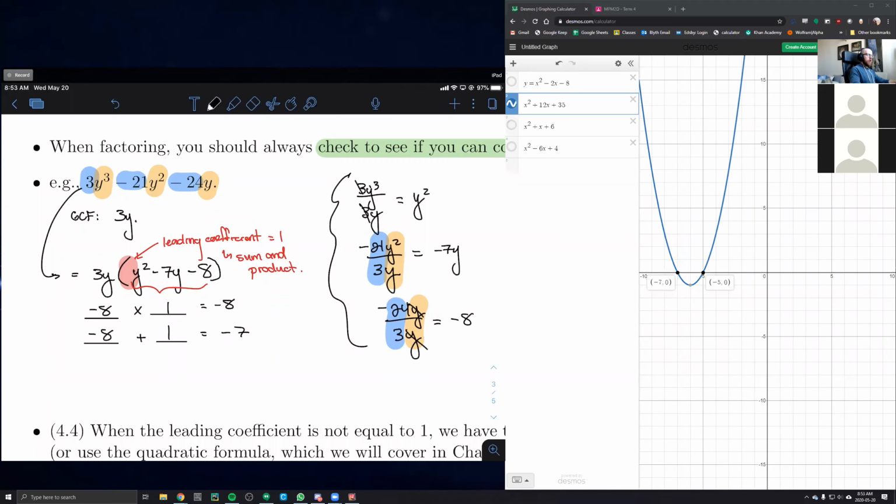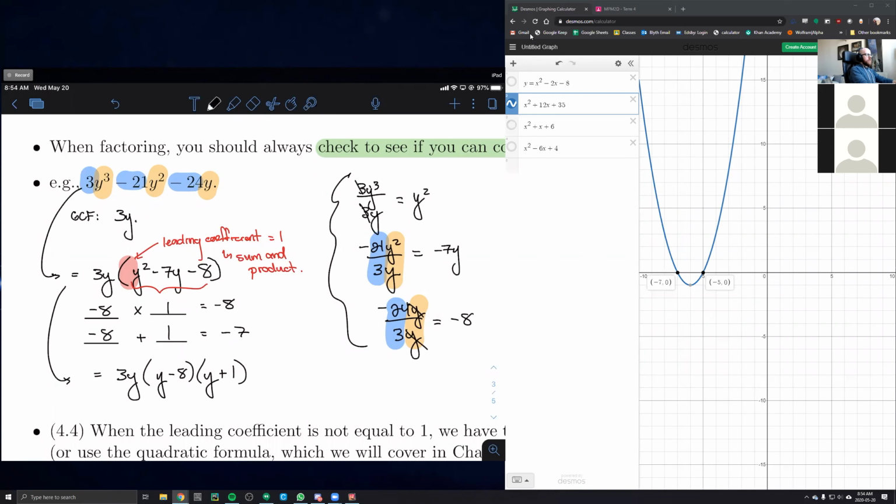And both of those will work out quite nicely. Okay. And so now I just have to finish my process here. So I bring this down again. So this is equal to 3y, and then y minus 8, and then y plus 1. And that's it. I've fully factored this.